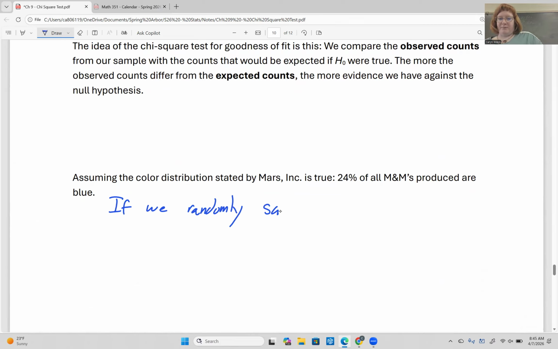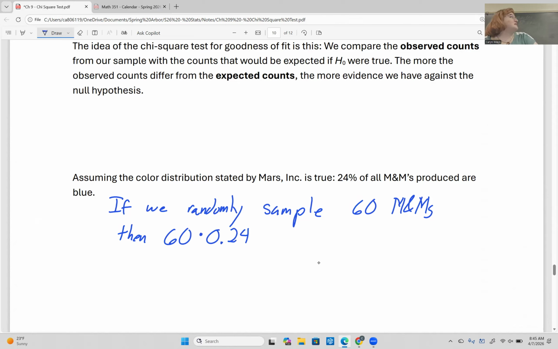So if we randomly sample 60 M&Ms, 60 candies, then 60 times 0.24 are expected to be blue. I said that's somewhere between 14 and 15. It's 14.4 precisely, yes. So I would expect 14.4 of them to be blue.